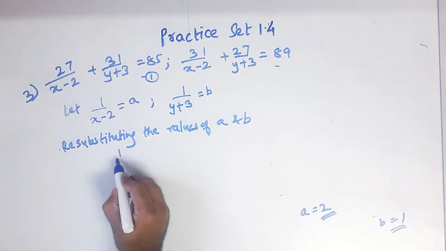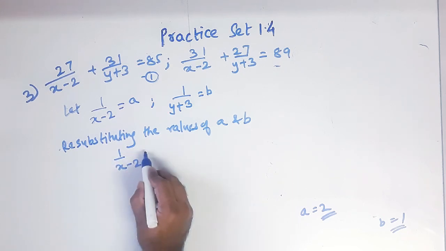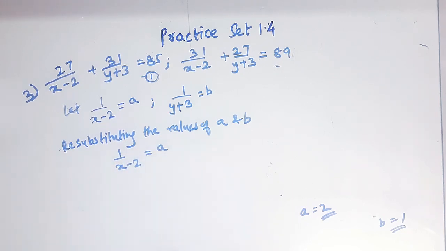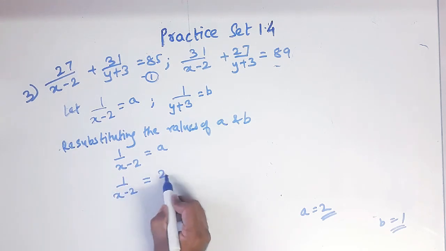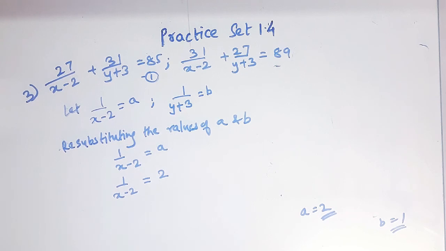So that is 1 upon x minus 2 equals to a. 1 upon x minus 2 equals to, what is the value of a? A is 2. Okay, so if I cross multiply, I'll get 1 is equal to 2 bracket x minus 2.